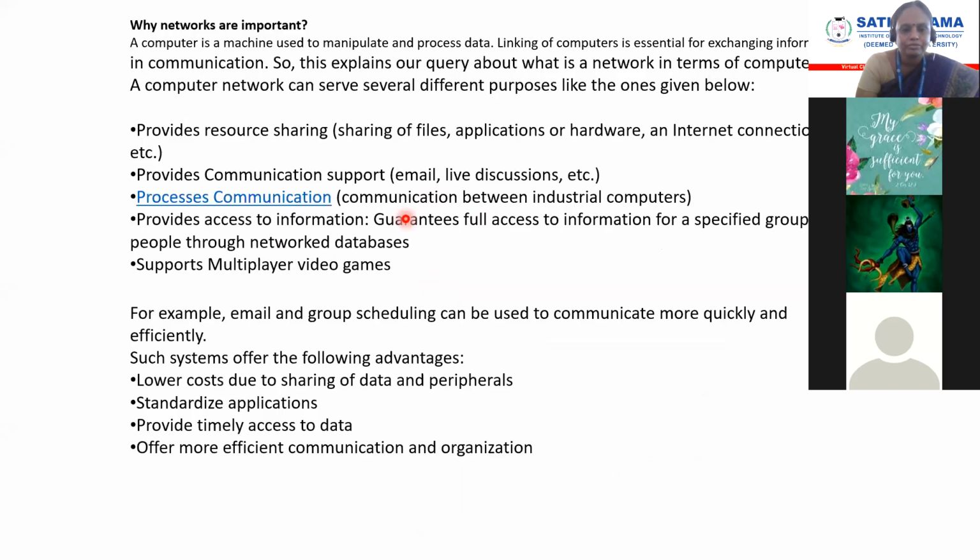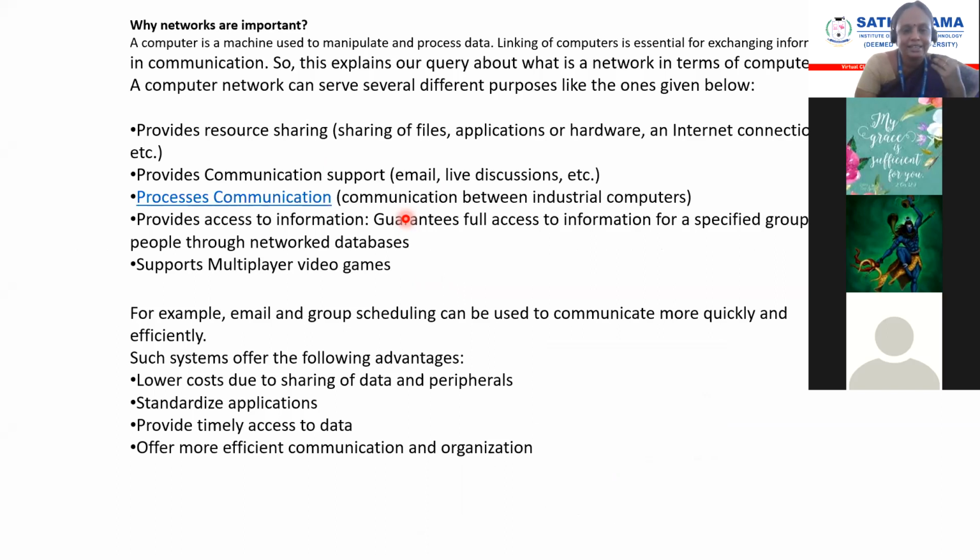Why a network? If a machine is needed only to manipulate and process data, it can only do that processing. But linking systems is essential to exchange information, and that is what we do now. That is why networking has become popular.